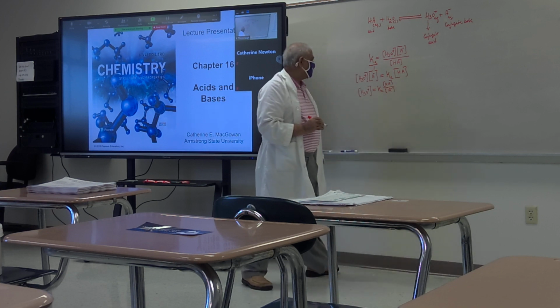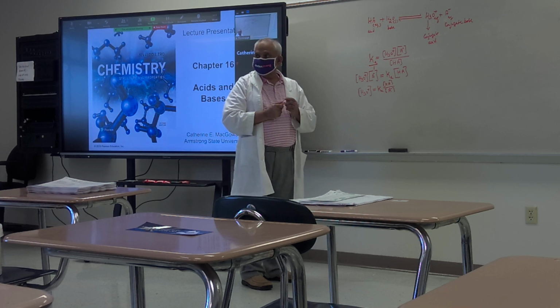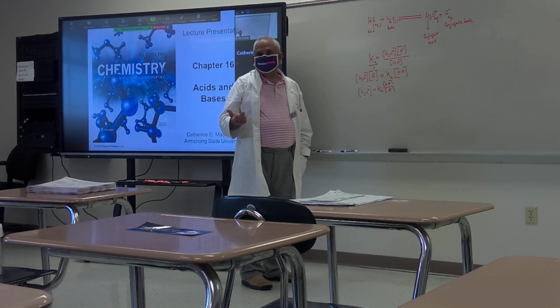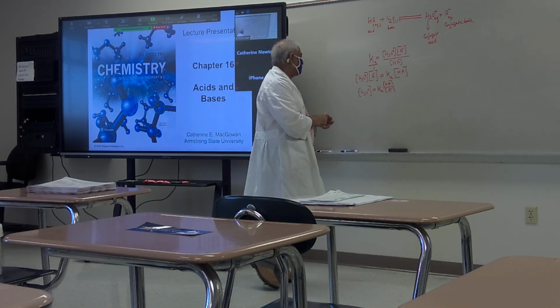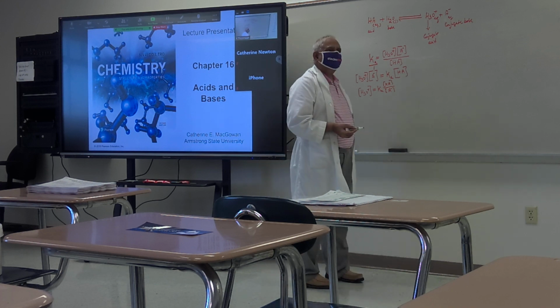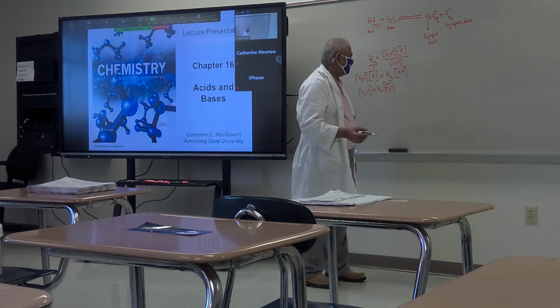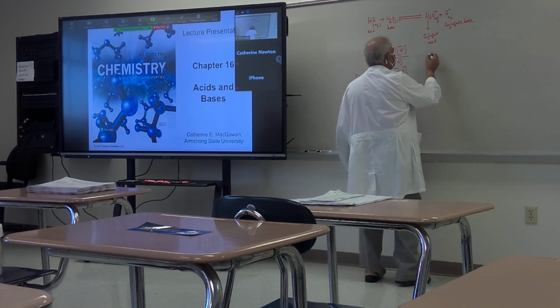Anything wrong if I write like this? Huh? You have to have the college algebra background. That's the one I get. So now what I do is, I am going to take the logarithm on both sides. You know logarithms, right? Taking logarithm on both sides.